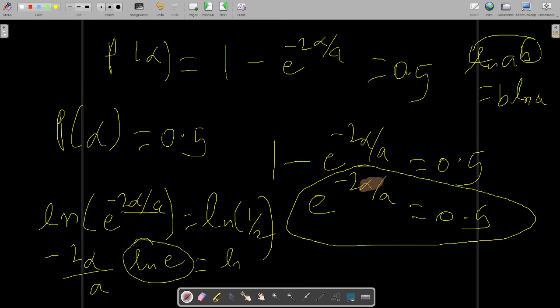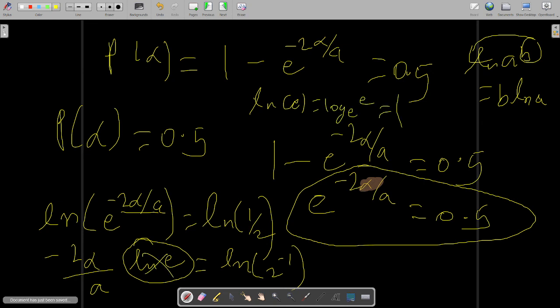You must have learnt this in your lower classes. So this thing vanishes from here. Also 1 by 2 is 2 to the power minus 1. So clearly minus 2 alpha by a is equal to ln 2 to the power minus 1.